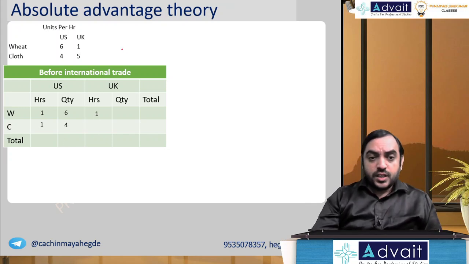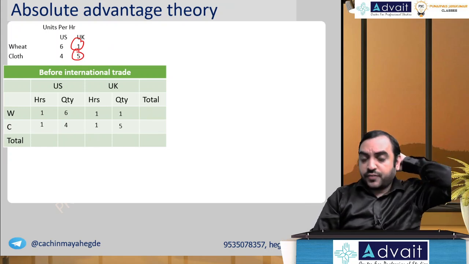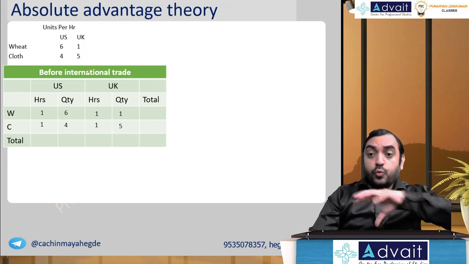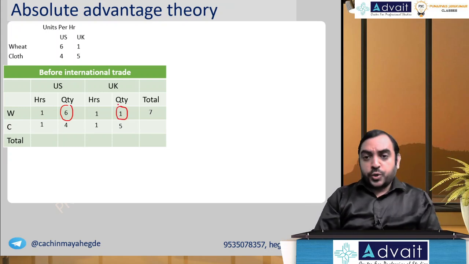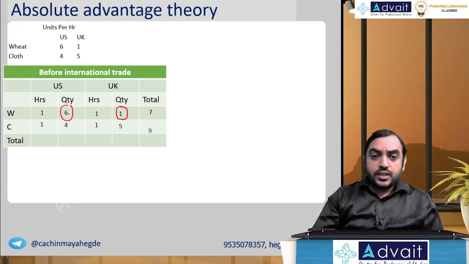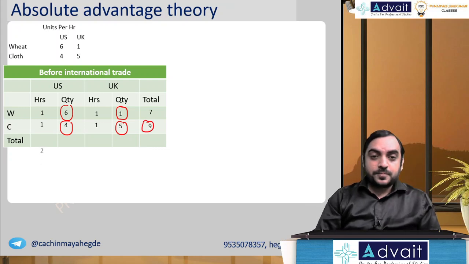Similarly UK you can produce 1 wheat and 5 cloths. So what is the total worldwide? US produces 6 wheat, UK produces 1, so total you could produce 7. US produces 4 cloth and UK 5, so you can produce total 9.